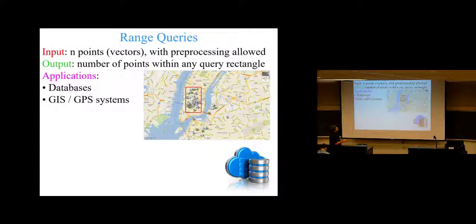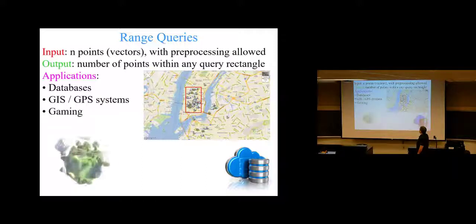For example, say you're in Manhattan and you want to know how many restaurants, or even Asian restaurants, there are in this box within 5 blocks up and 2 blocks over. This is exactly the kind of query you need to be able to answer quickly, whether it's Google Maps or Apple smartphone maps or whatever it is.